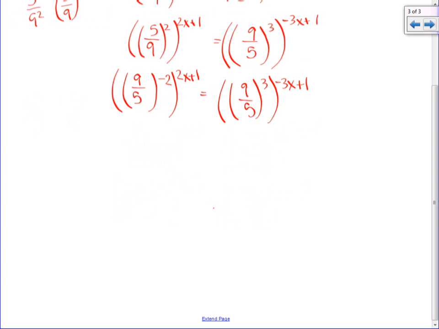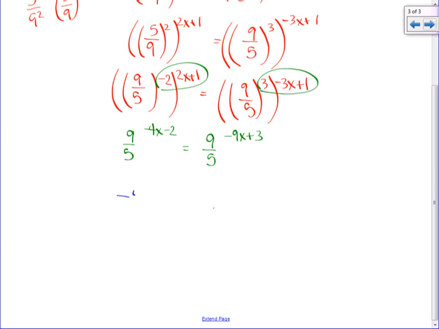Okay, so all I did was change one of the exponents to be negative so that I can flip-flop the numbers. Okay, so now we're focusing on multiplying our exponents right here. So this is really 9/5 to the what? Minus 2. Okay. Over here we've got 9/5 raised to the negative 9x plus 3. So now that we have a number raised to an exponent equal to the same number raised to a different exponent, we set those exponents equal.